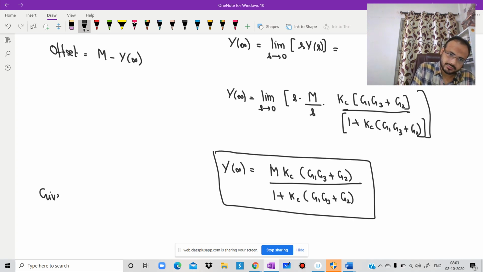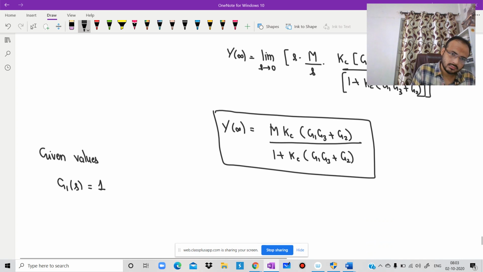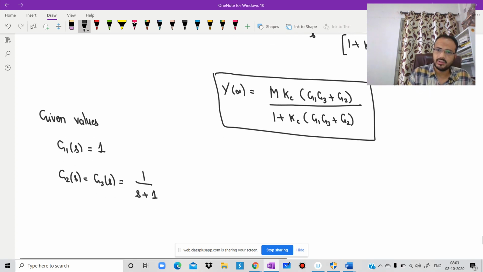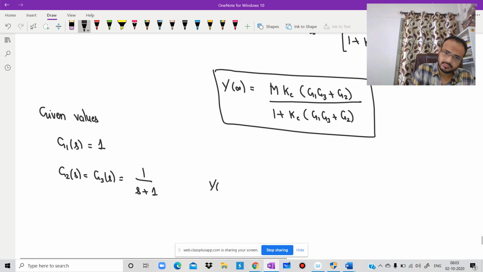Given values are G1 of s is equal to 1, and G2 of s is equal to G3 of s is equal to 1 by s plus 1. Put all these values in the given equation.